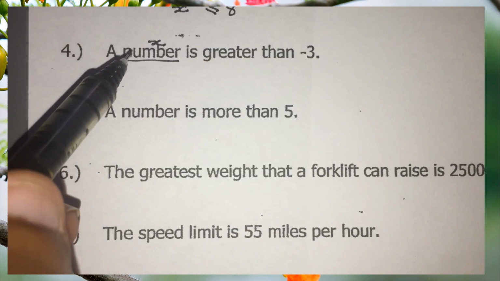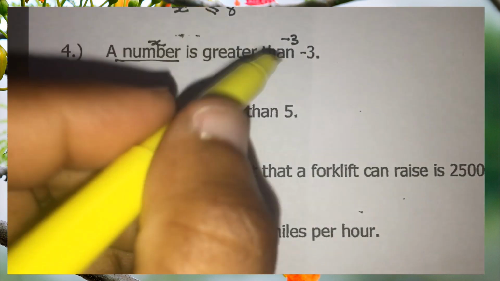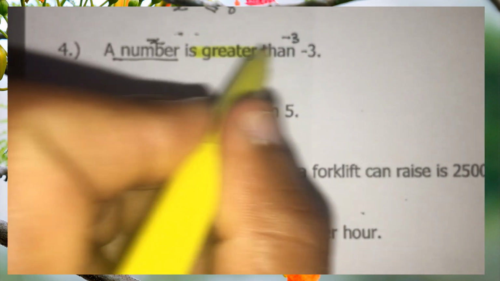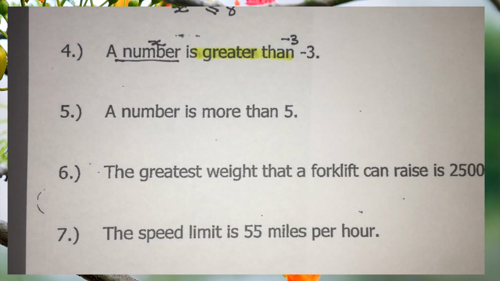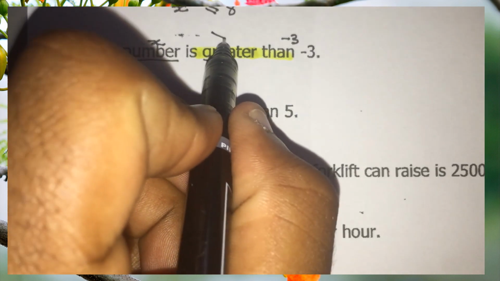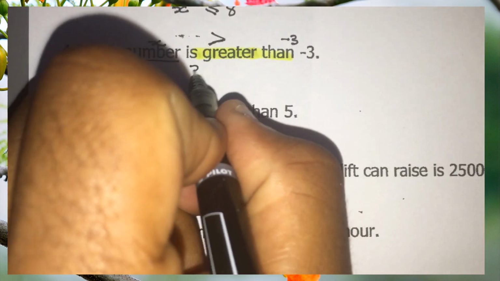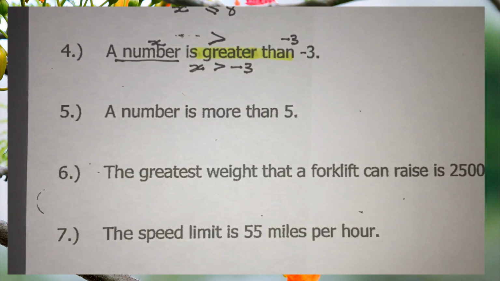So I'm comparing x and -3, and the comparison is that x is supposed to be greater than. So if it's greater than, the symbol will open towards the bigger one, which would be x. So to clean this up, we're going to say x is greater than -3.